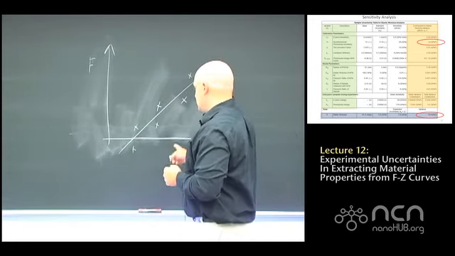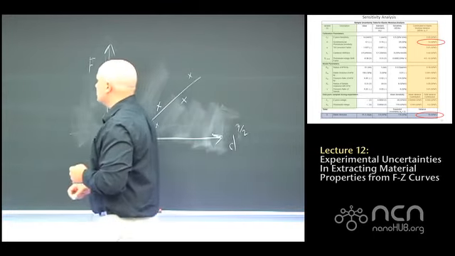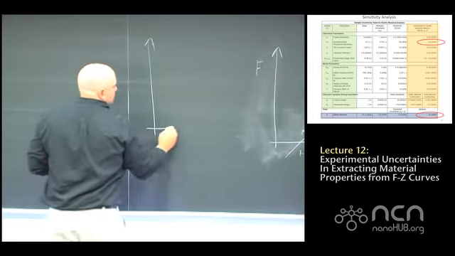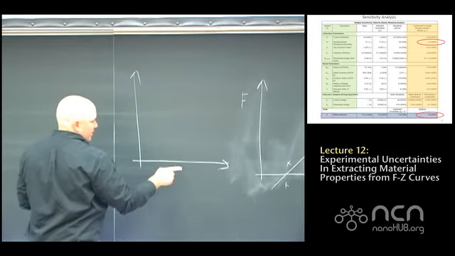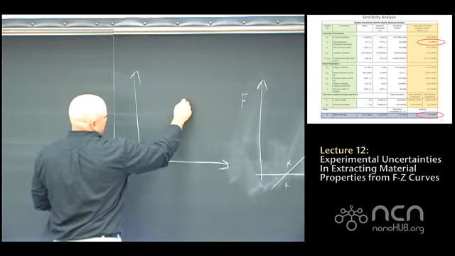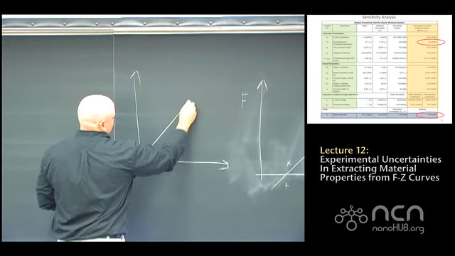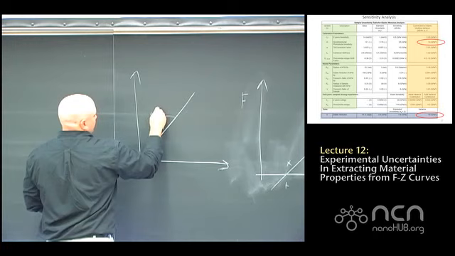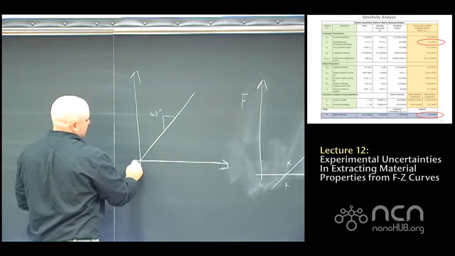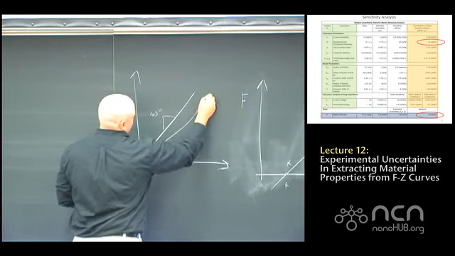Let's take one more step back. If we thought about how we got to D, we had our FZ curve, or this would be a 45-degree line, and then we had some constant offset. I'm not going to draw the offset, but we had our curve that looks something like that, and we had this value.